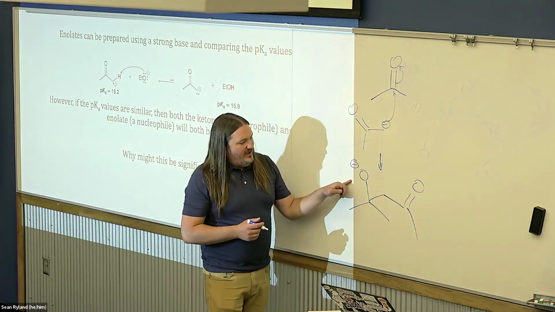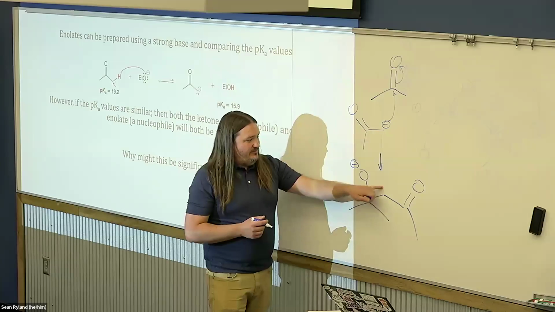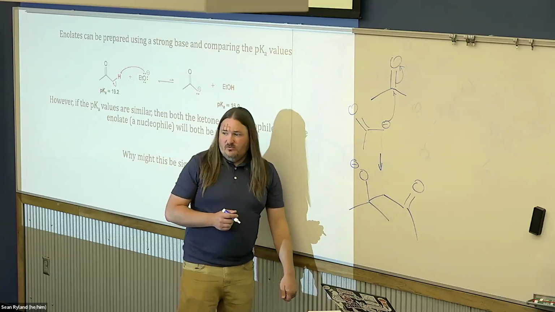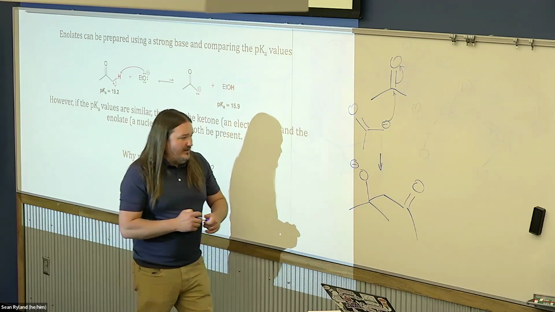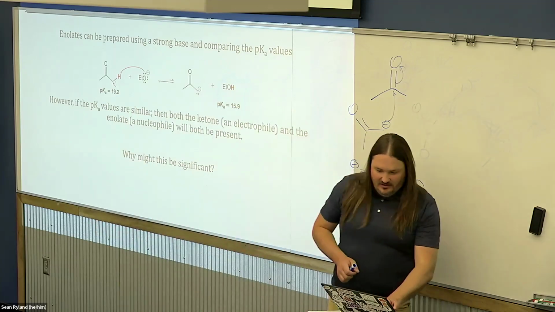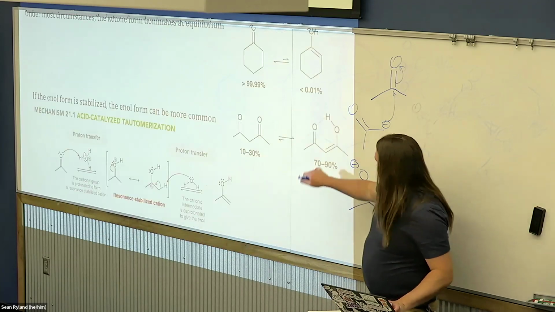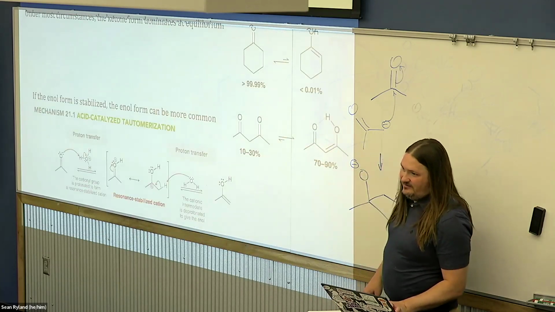Which then, if we're under basic conditions, we actually can deprotonate it here. This is gonna have a resonance structure if we do that, we can actually wind up making something that looks kind of like this one.